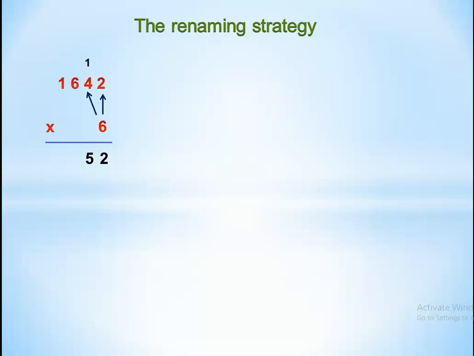No, we will put 5 and carry up 2. 6 times 6 equals 36, plus 2 equals 38. 8 and carry up 3, yes. 6 times 1 equals 6, plus 3 equals 9. This is the renaming strategy.